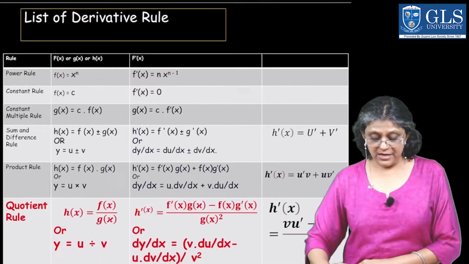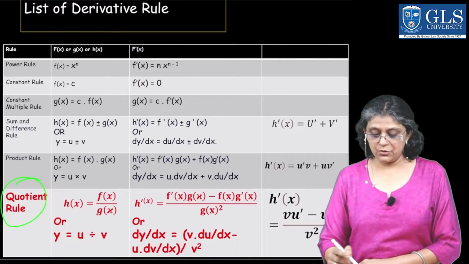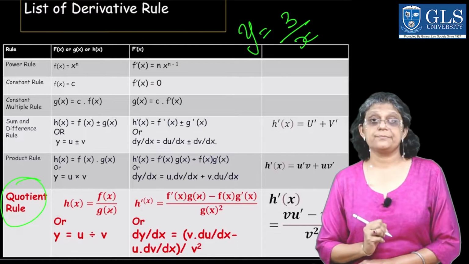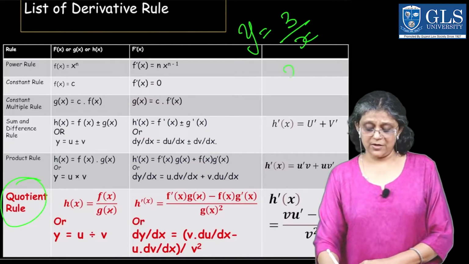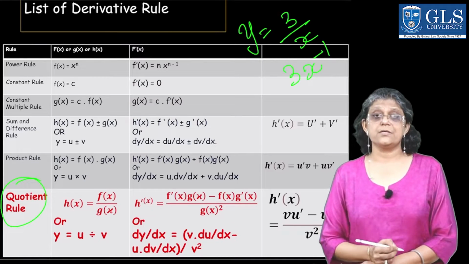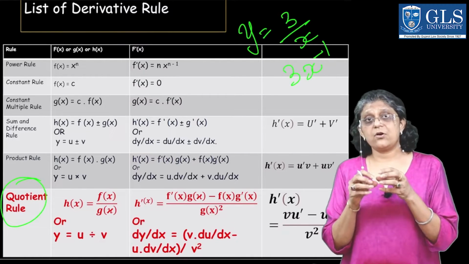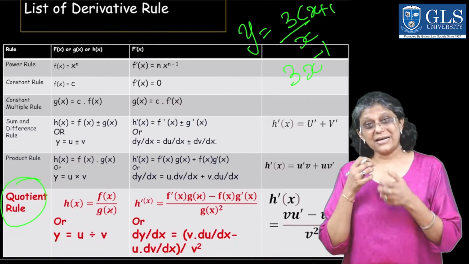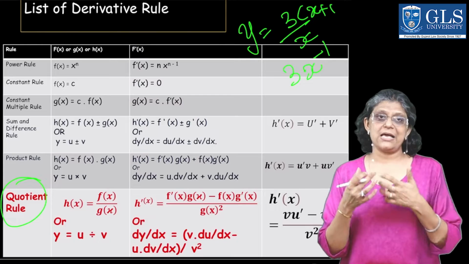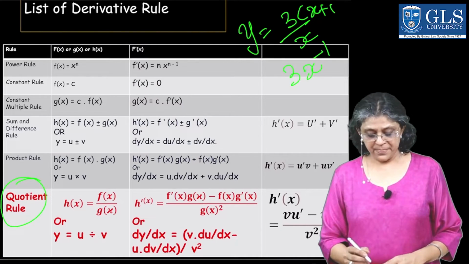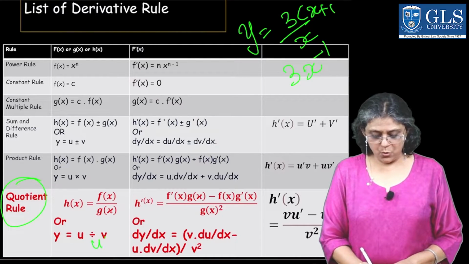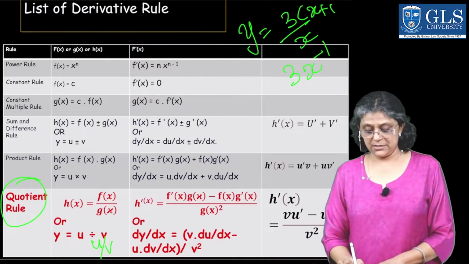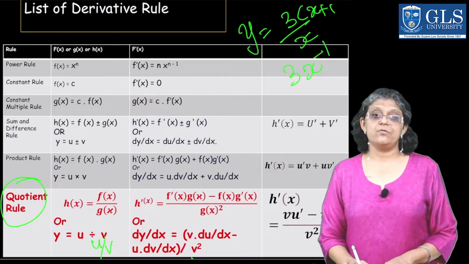Moving ahead, the next is the division rule. That is, if I say y is equal to 3 upon x, this sum can be converted into 3 into x raised to minus 1. But at times when you have a combination like 3 into x plus 1 upon this, it gets confusing. So better use the u upon v formula. When it is u upon v, then we have v into du by dx minus u into dv by dx, upon v square.